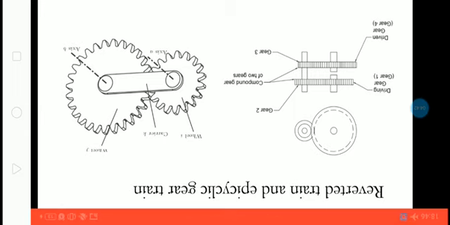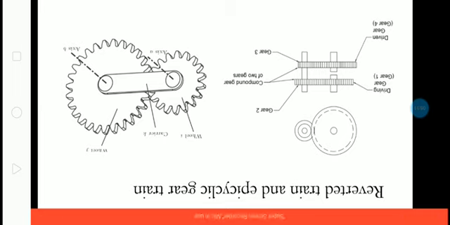An epicyclic gear train is one in which the axis of a gear is moving. When the axis of any gear in the train is moving, then it is an epicyclic gear train. The simplest type is shown here. So you see the axis B and wheel J. Imagine wheel J rotates.